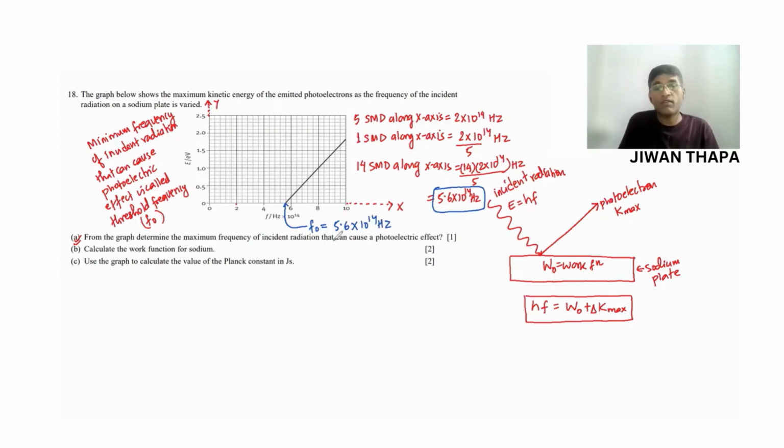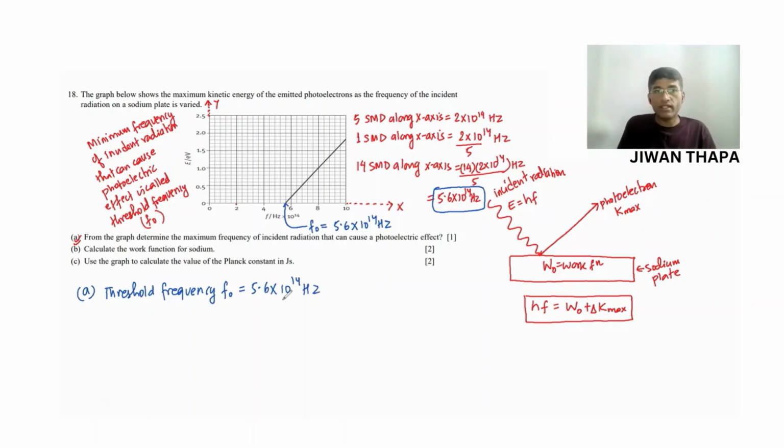So from the graph, we need to determine the minimum frequency, okay, at which photoelectric effect occurs. So A, threshold frequency, F0 equals 5.6 into 10 to the power 14 Hz. So we found it from the graph, okay.